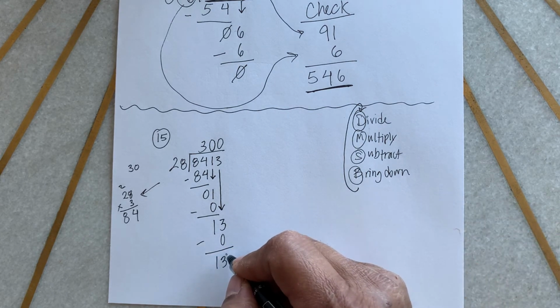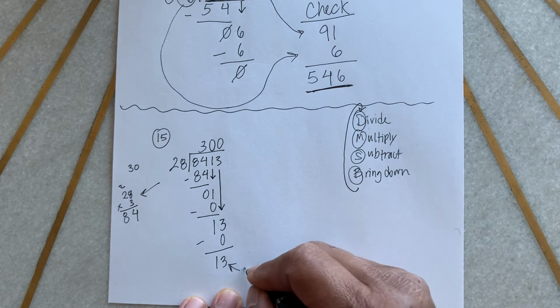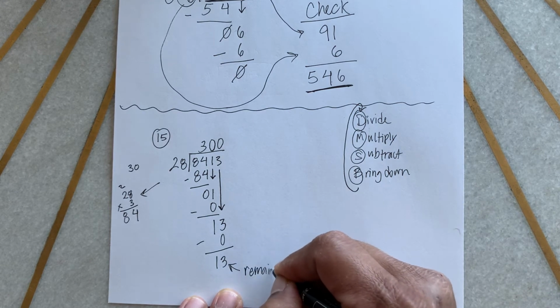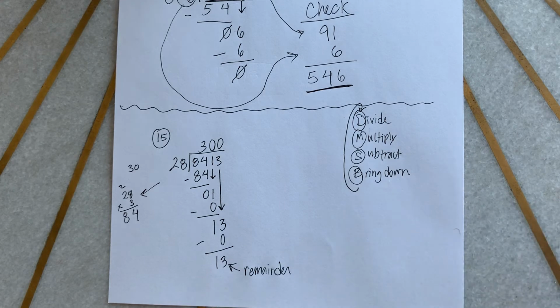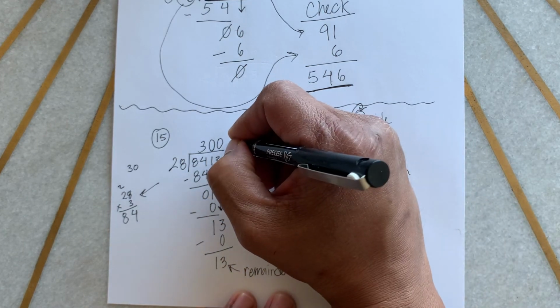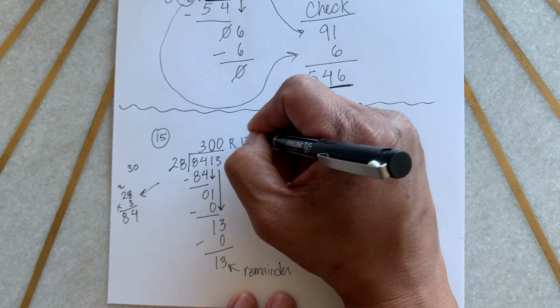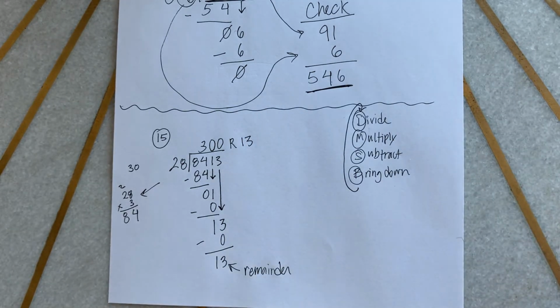And this 13 left over has a special name. It's called a remainder. Okay? And the way you show the remainder in your answer is by putting an R for remainder and the number. So we get 300 remainder 13. And that is the answer.